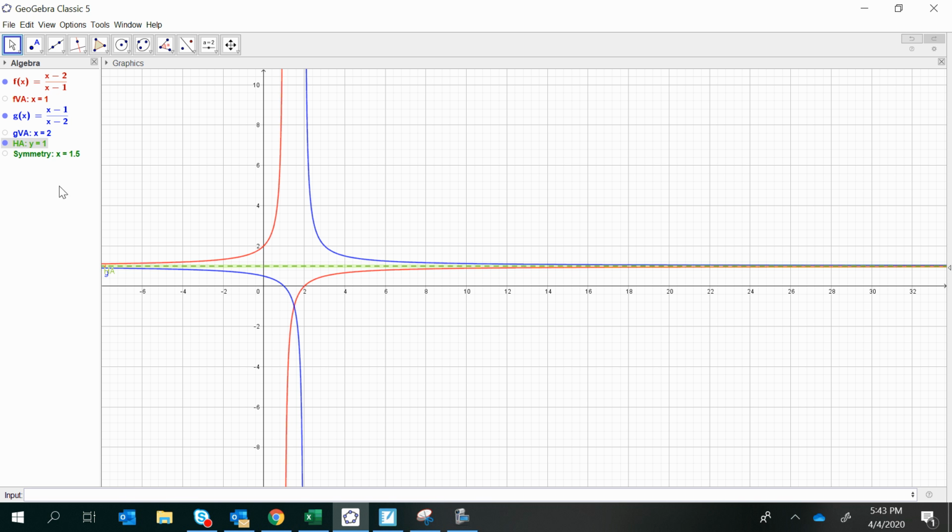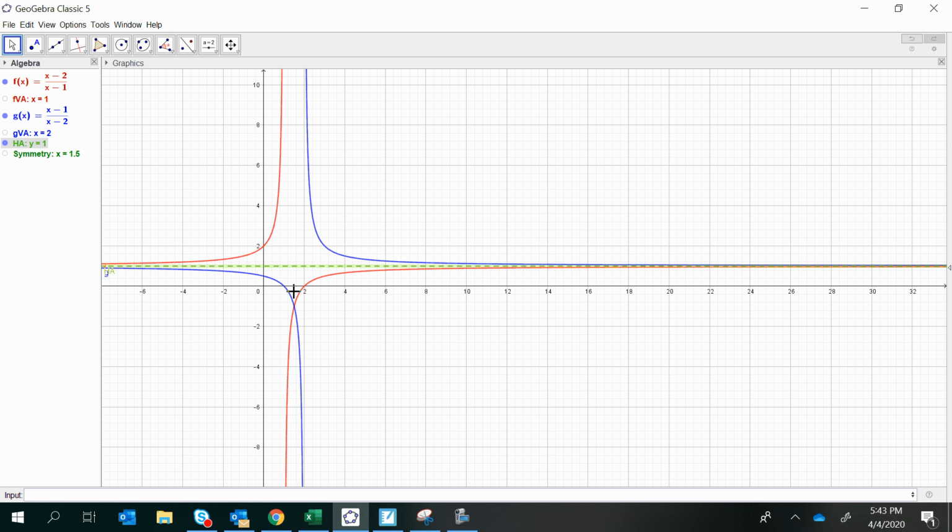The two lead coefficients in both cases are 1, so 1 over 1 is 1, and we see that the horizontal asymptote is right through y equals 1. And both of these functions will never cross their horizontal asymptote.